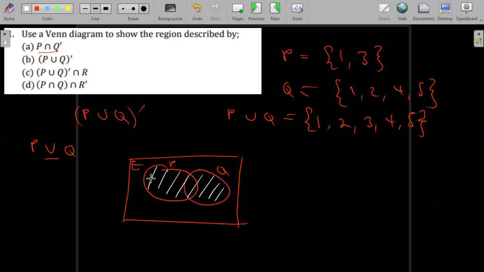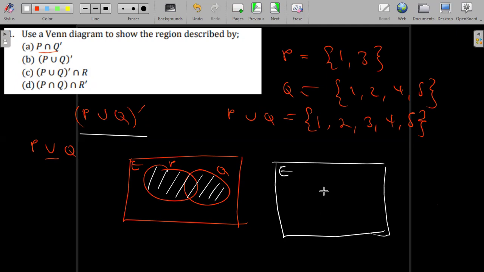So the complement of this means it's going to be what? Anything that is outside this is going to be P union Q complement. So anything outside what we've shaded here is going to be P union Q complement. So that is going to look something like this. I'll have my E there, and I'll have set P and the set Q there.